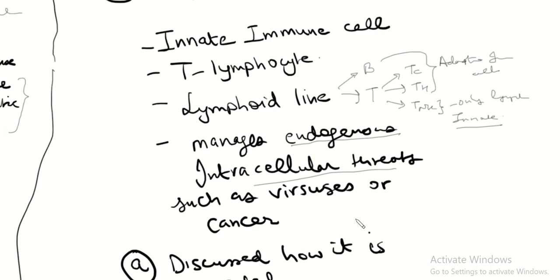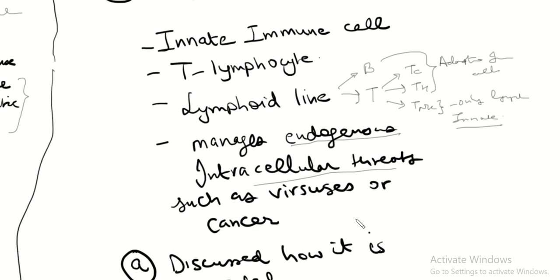Versus bacteria that are alive and don't need to go inside the cell to get revved up and going. So T natural killer cells are cells that target viruses and cancer that are problems which are within the cell.